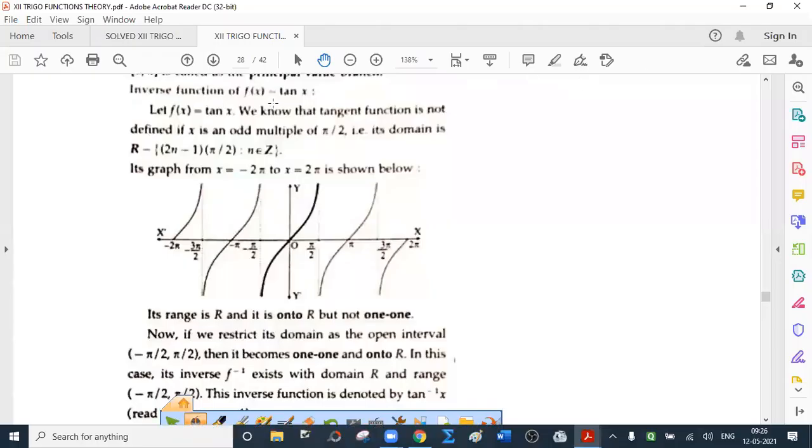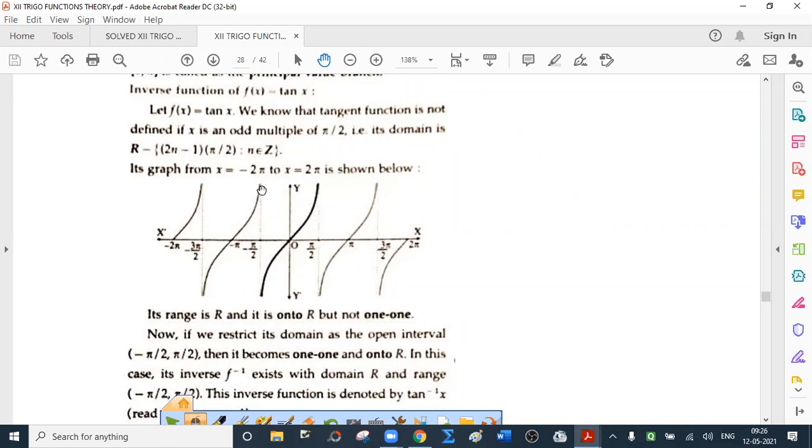Now the inverse function of f of x equal to tan x. Let f(x) be tan x. We know that the tangent function is not defined if x is an odd integral multiple of pi by 2. That is, its domain is all real numbers except odd integral multiples of pi by 2. Now the graph of the function from -2 pi to 2 pi is shown below.